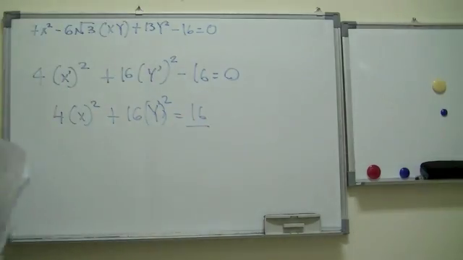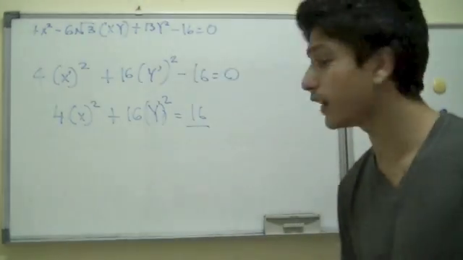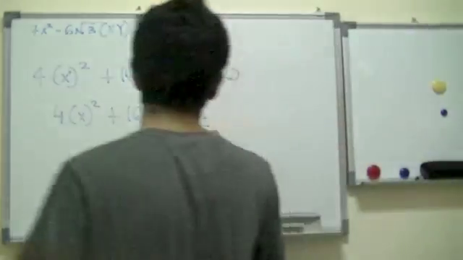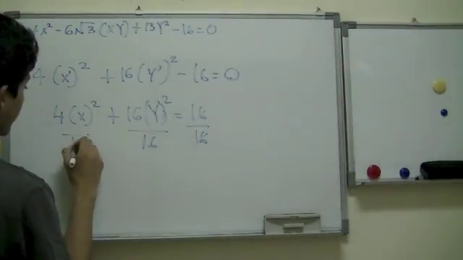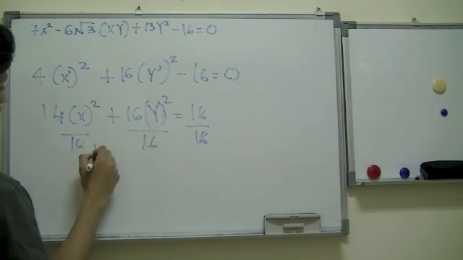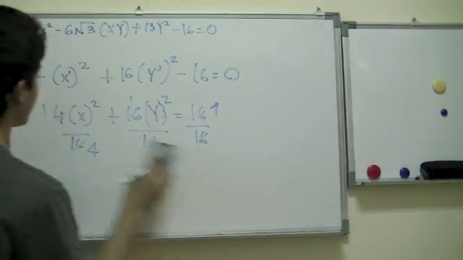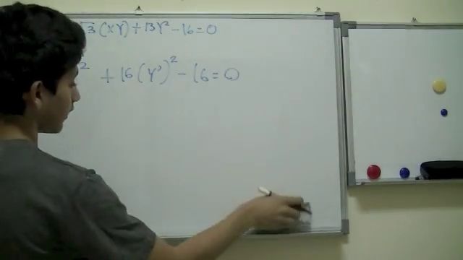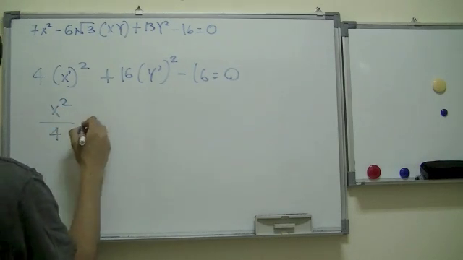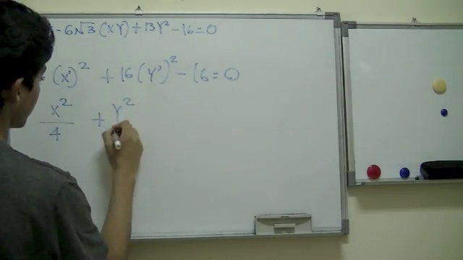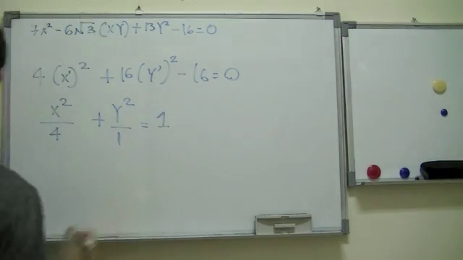Now we don't want 16 on this side because we are dealing with a conic section, and we said that nothing should be coming over here. So if you divide this by 16, that would just leave 1. So the whole equation, if we rewrite it, would be x squared over 4 plus y squared over 1 is equal to 1 over here.